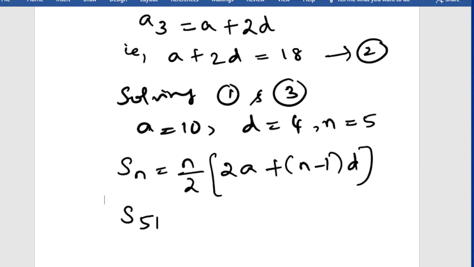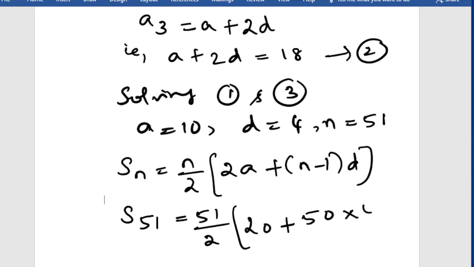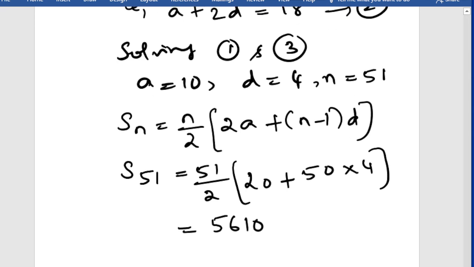So S51 equal to 51 upon 2, 2a, that is 20, plus 51 minus 1 is 50 into 4. Simplifying this, you will get S51. The sum of first 51 terms of the AP is 5610.